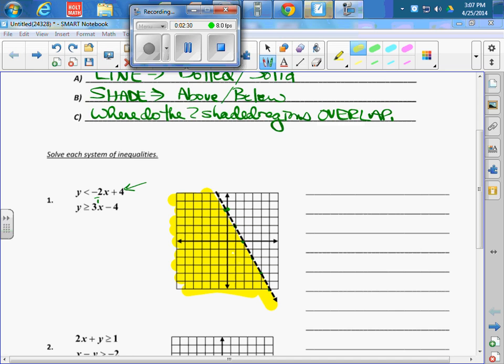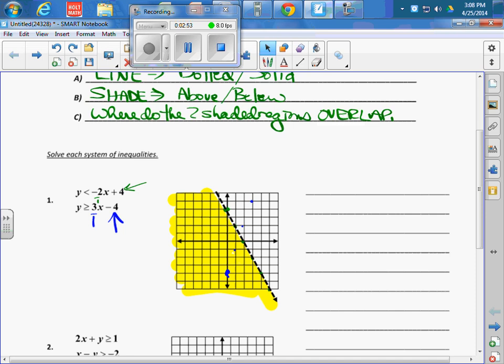All right, now we need to graph y is greater than or equal to 3x minus 4. And to do that, I'm going to be starting at negative 4 on the y-axis. I'm going to rise 3 and run 1. And I'm going to draw a dotted line or a solid line.